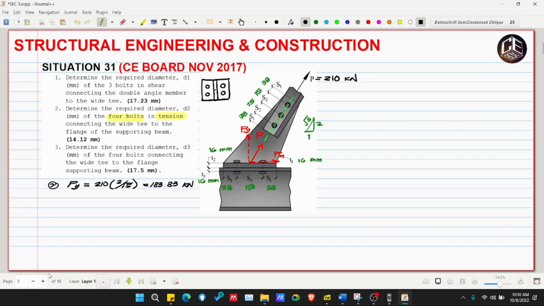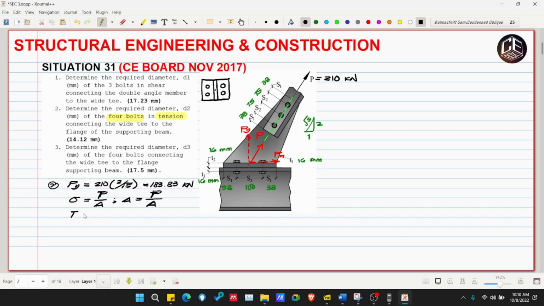megapascal. So, sa ating strength of materials, ang ating tensile stress is yung sigma, is equivalent to P over A. So, therefore, ang ating A is equivalent to force P over sigma. Pero, ang gawin natin dito, since tensile stress naman tayo, gawin natin tensile force T. Ayan.